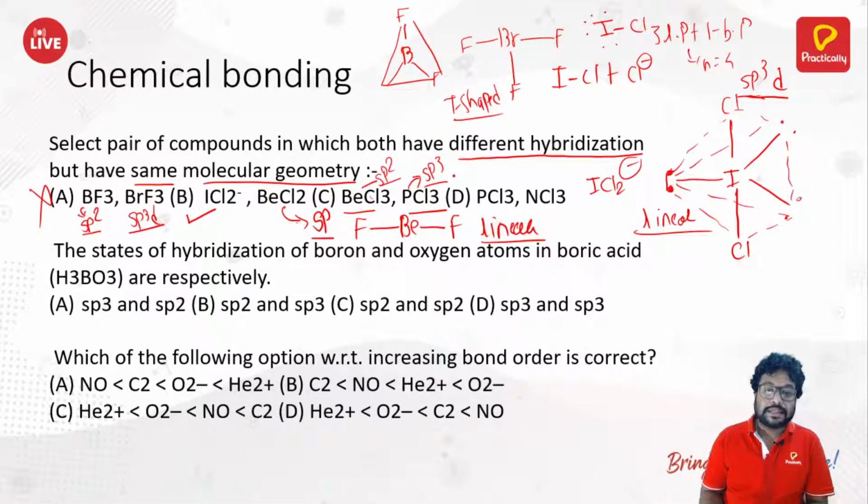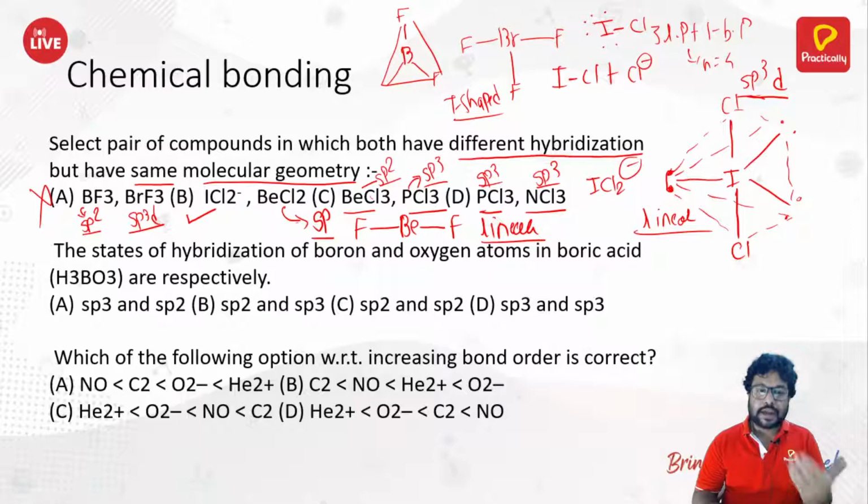That is why C cannot be our answer. Then lastly, you have PCl3 and NCl3. PCl3 also has sp3. NCl3 also has sp3. So here, what they asked, which pair was having different hybridization but same geometry. This is having same hybridization. So that means this cannot be the answer. The answer is B. Okay.